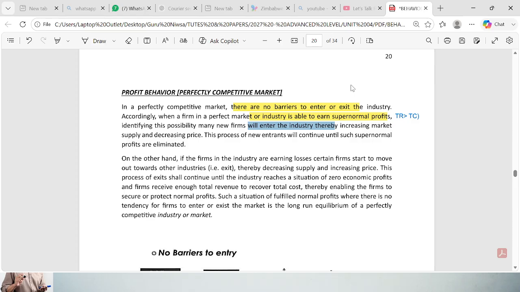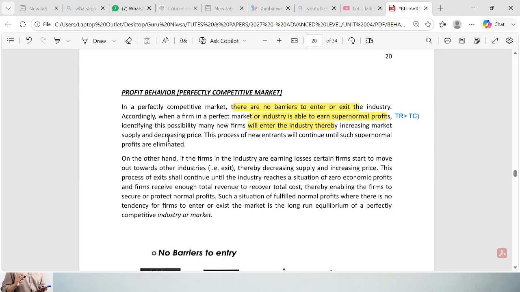Outsiders, potential investors who are interested in entering this market, see that existing firms in the perfectly competitive market are making profits. This is a very attractive situation.